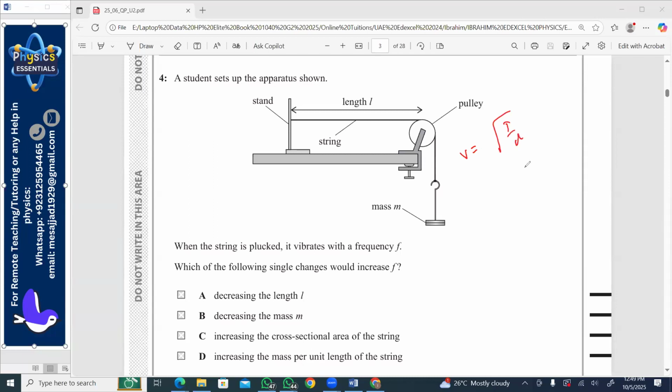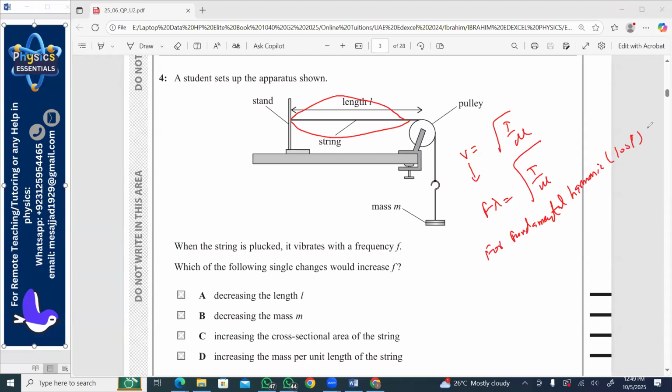square root of T over mu, right? And v is actually f lambda, T over mu, and for just one loop or first harmonic, or fundamental harmonic. Harmonic means loop, you can also say.